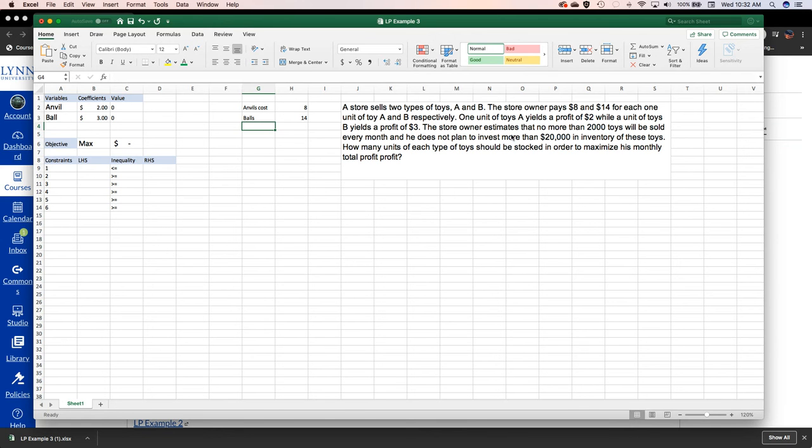All right. We also know that we have no more than 2,000 toys sold each month, and we have $20,000 to invest in inventory. So however many anvils we buy times however many balls we buy has to be less than $20,000. So our first inequality is going to be about the amount of money that we have to spend on inventory.